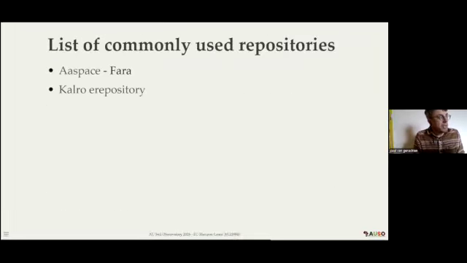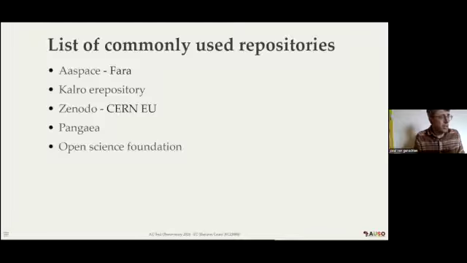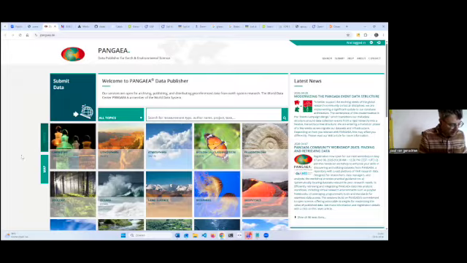And then some examples. The Calro e-repository we just looked at has a lot of interesting aspects. We have Zenodo, which we've seen. There's Pangaea.de, a German initiative which has a lot of data sets in the environment and Earth domain, very relevant to us. There's the Open Science Foundation, which hosts all the links of AfSIS and Pangea soil.